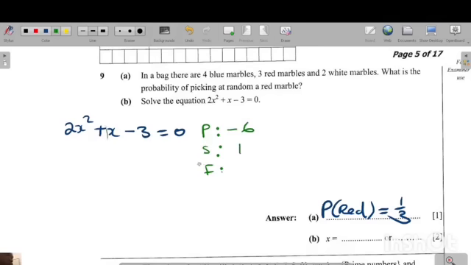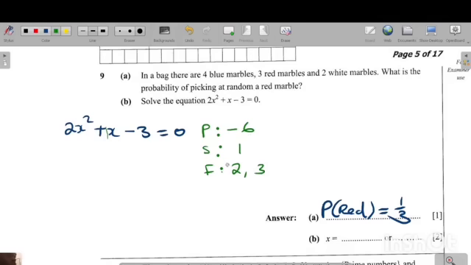Then the factors, we are looking for factors of the product such that if we add those factors, we'll get the sum, which is 1. If we multiply them, we'll get the product, negative 6. So if we say 2 and 3, 2 times 3, we'll get a 6 and not negative. So what we are going to do is we'll give one of these negative.